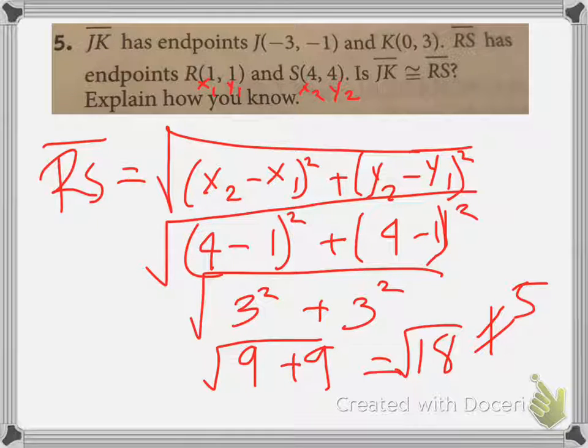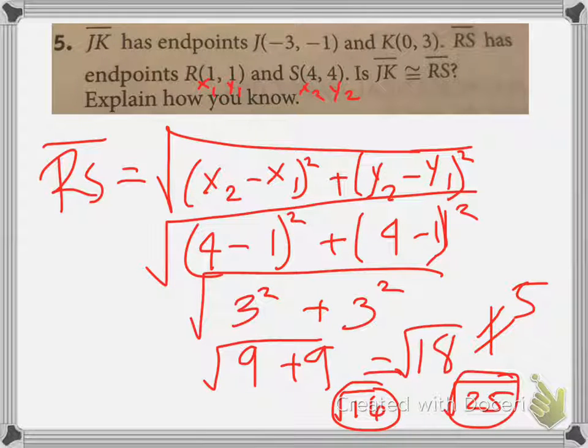Because 5 squared is 25, and 4 squared is 16. The square root of 16 is 4, and the square root of 25 is 5. 18 is between 16 and 25, so the square root of 18 is 4 point something, let's guess 4.3, which is not 5.